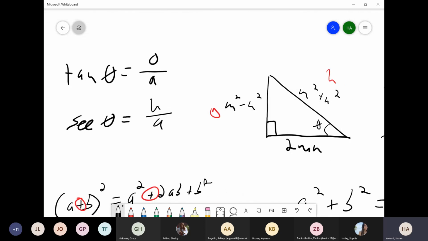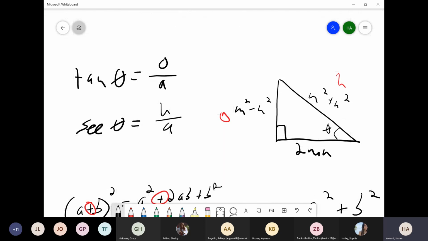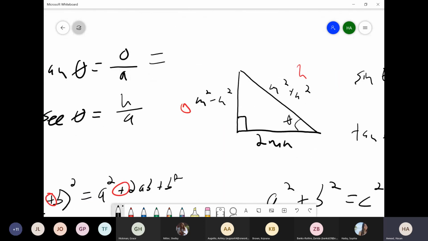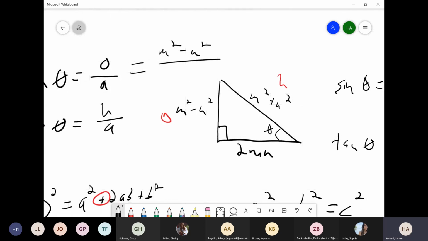So tangent of theta. Okay, we have to do opposite over adjacent, right? So opposite over adjacent, what should that come out to be? Well, opposite of theta, as we drew this, should be m squared minus n squared, right? So this is m squared minus n squared all over the adjacent leg to the theta, which should be the 2mn.